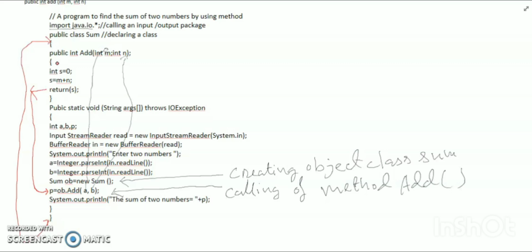So the values A and B get copied into the parameters M and N respectively. You will see that I have marked this.